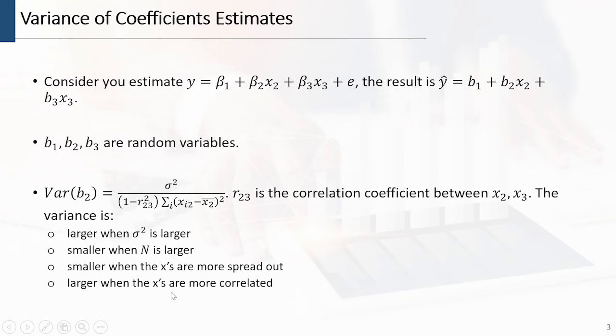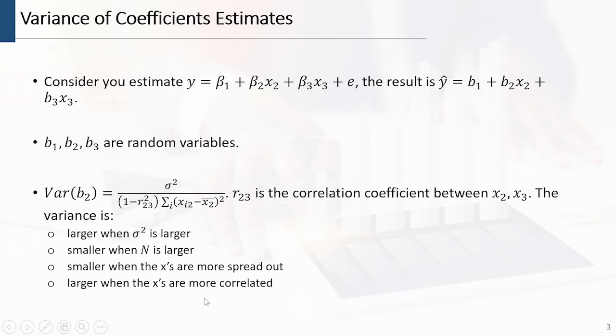Mathematically, it's not so hard to see. When R23 is larger, then R23 squared also tends to be larger, so 1 minus R23 squared tends to be smaller. And when the denominator tends to be smaller, the value of the whole fraction tends to be bigger. This is how to see it from a mathematical point of view.